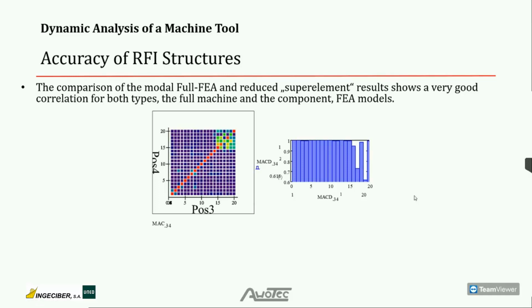So in our specific model, here is a comparison between the reduced structure and the non-reduced structure modal results. And as we can see, we have a really good correlation on the main diagonal up to here, mode number 15, 16, and then there is, let's say, not so good a correlation. But what's the reason for that?